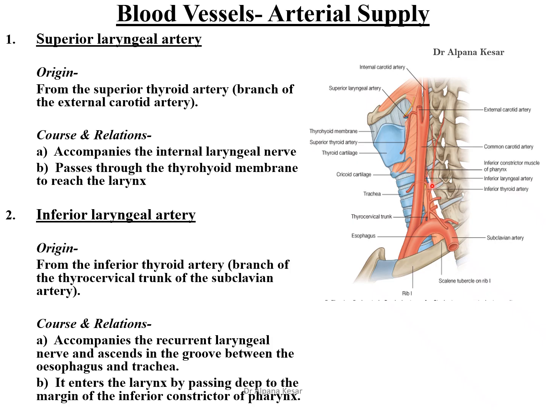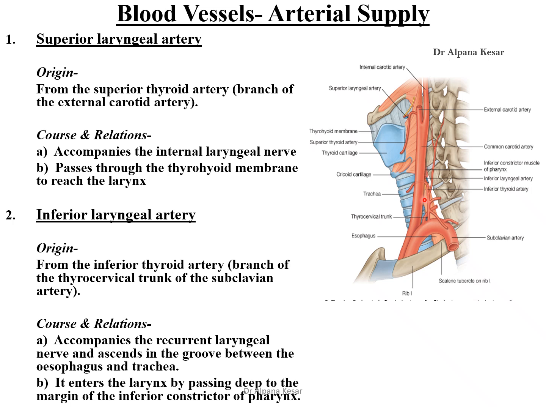Inferior laryngeal artery is a branch of inferior thyroid artery. Inferior thyroid artery is a branch of thyrocervical trunk, which is a branch of subclavian artery. The inferior laryngeal artery accompanies the recurrent laryngeal nerve.